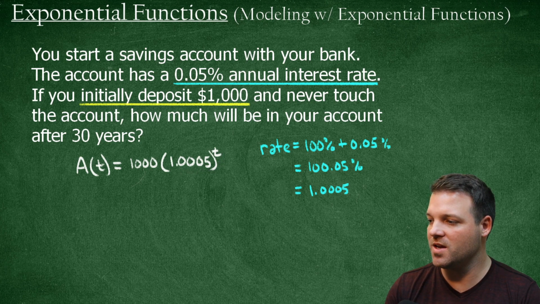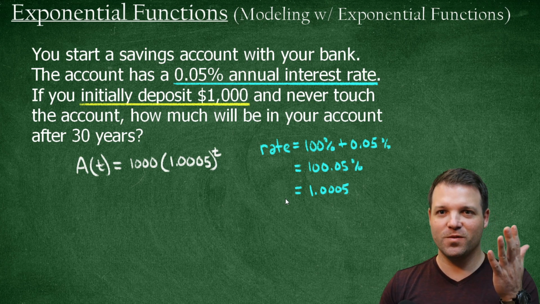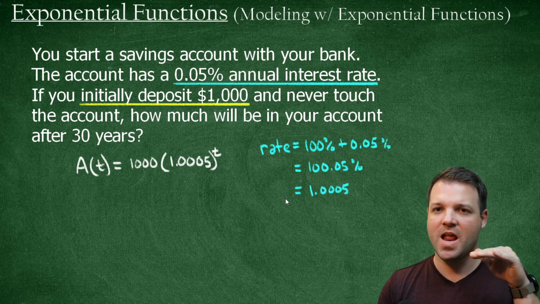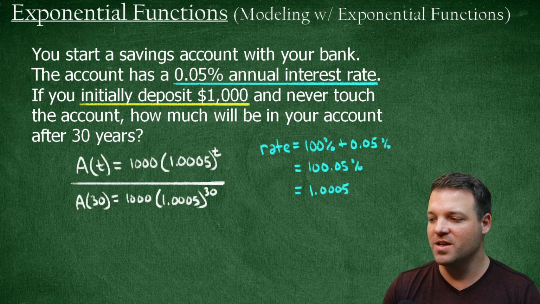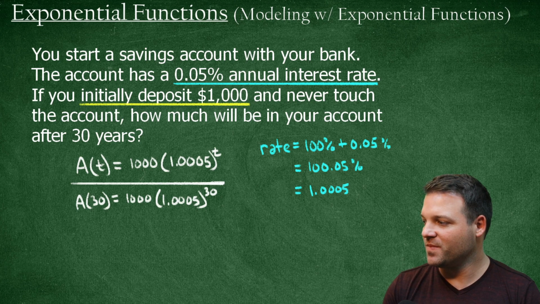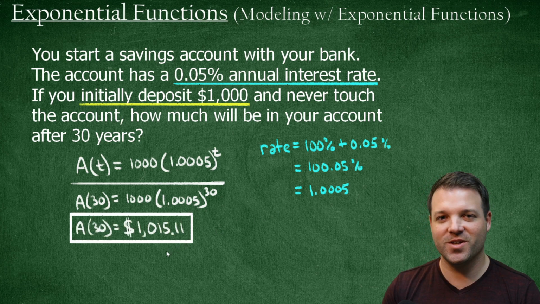So we're all ready to see if you invested $1,000 today and you never touched it, what would you end up with after 30 years? Well, we'll plug in 30 for t, for that exponent. And what do we get after 30 years?